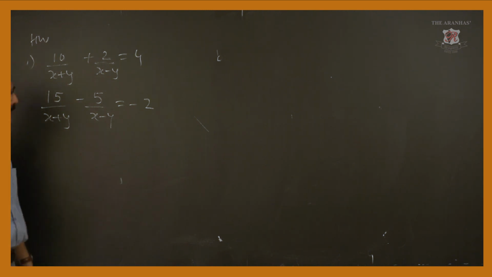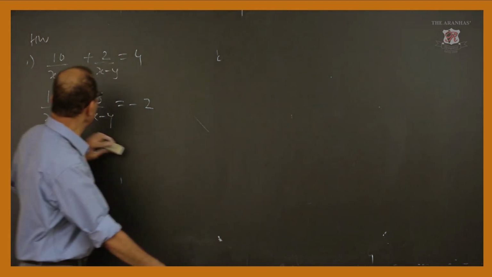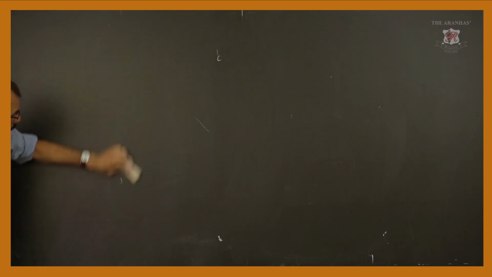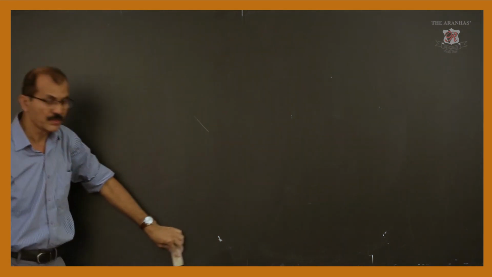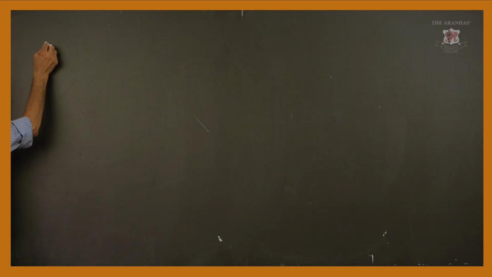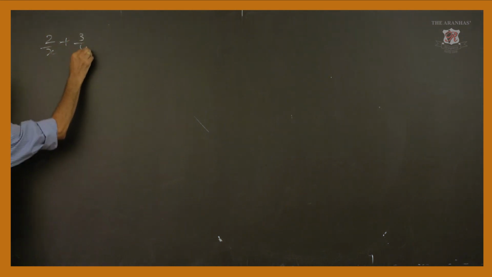So today we have seen how an equation which is not linear has been reduced to a linear equation. For example, I told you 2 upon x plus 3 upon y is equals to 1. So this was not a linear equation.